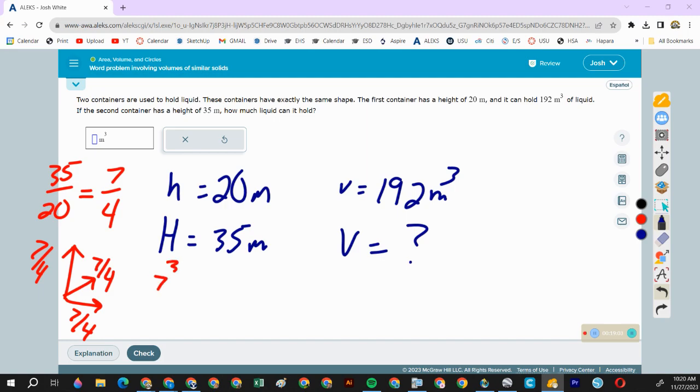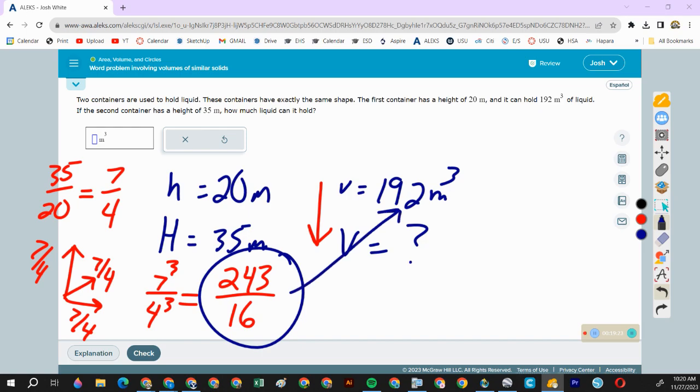So 7 to the third over 4 to the third is, I think that's 243. So 243 over 16. And that's when we go in this direction. So I'm going to take this and multiply it by that, and that will give me the volume.